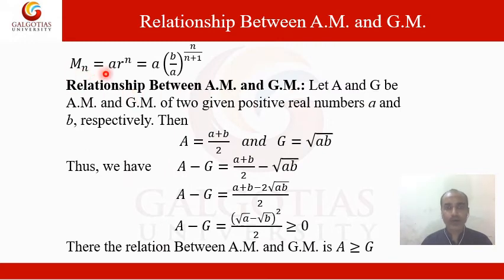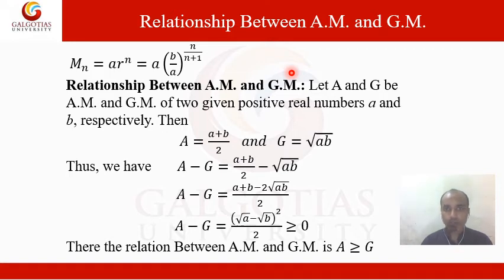And mn equal to a r to the power n equal to a into (b by a) raised to n upon n plus 1, because r is equal to (b by a) to the power 1 by n plus 1. Therefore, m1, m2 and so on mn are n geometric means inserted between two positive real numbers a and b.